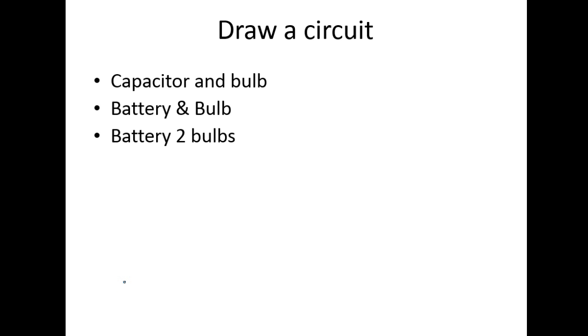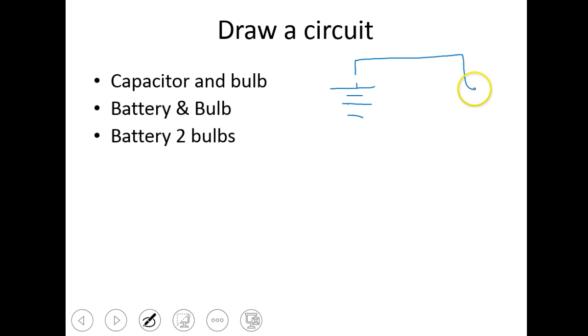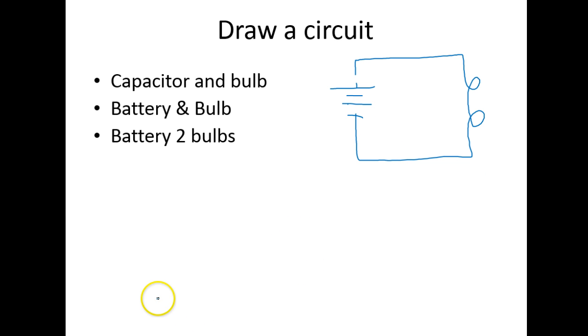Now, a battery and two bulbs. I could draw this in series or in parallel. Either way, I've got a battery, and I'm going to draw mine in series with two bulbs.